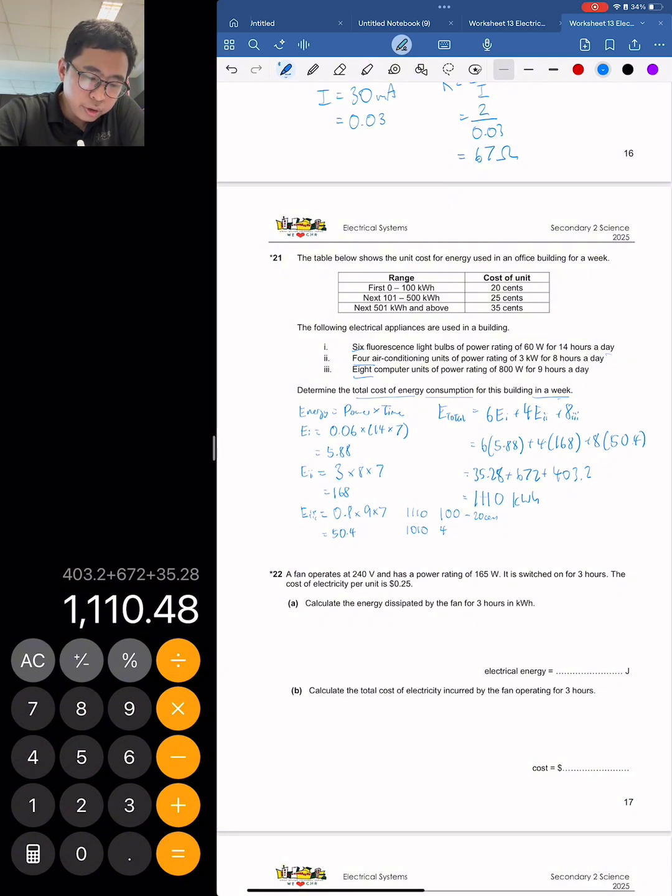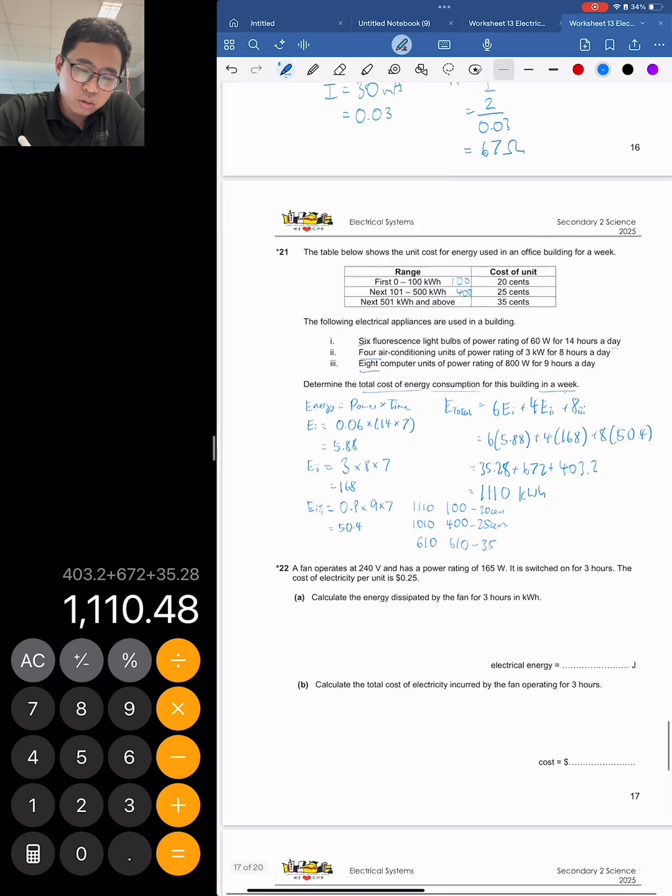The next 400 will be at 25 cents. The remaining is 610. Another way you can do it is to look at this range: this is 100, this is 400. If you take 1110 minus 500, you have your remainder, and the 610 is at 35 cents.